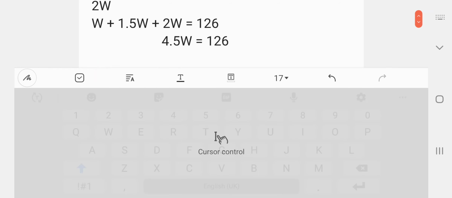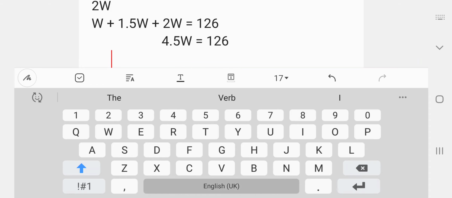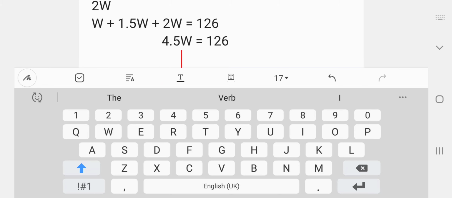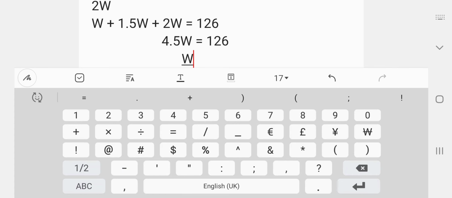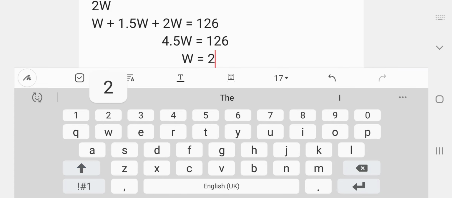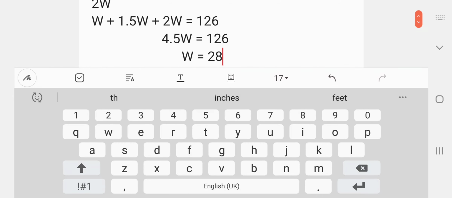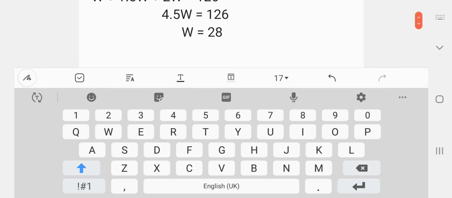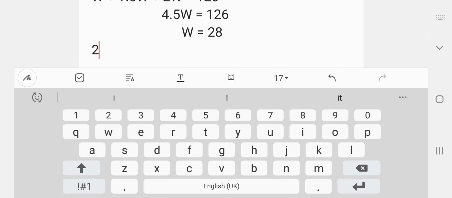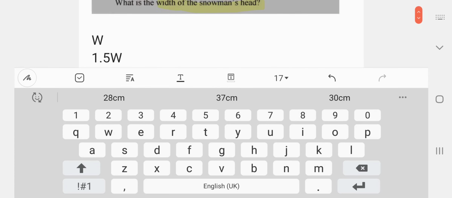Then we can solve this equation. So we can do 126 over 4.5 to see what W is. So this tells us that W is equal to 28. And W replaced head. So 28 is the measurement for the head. So the head is 28 centimeters.